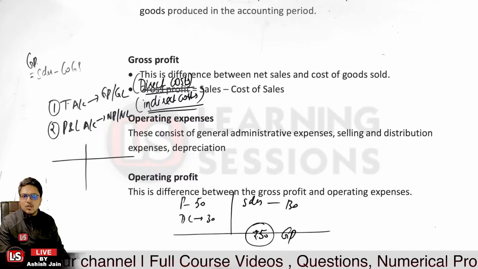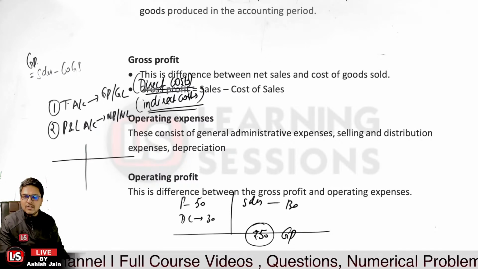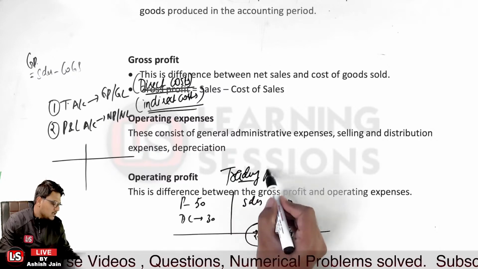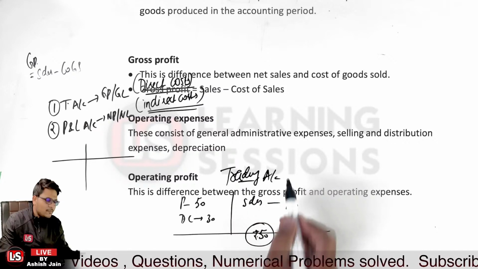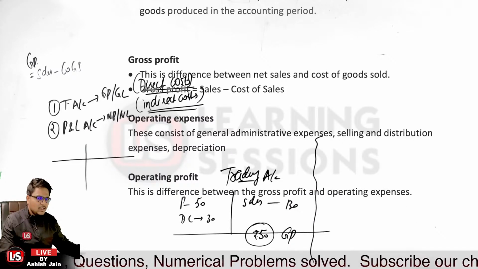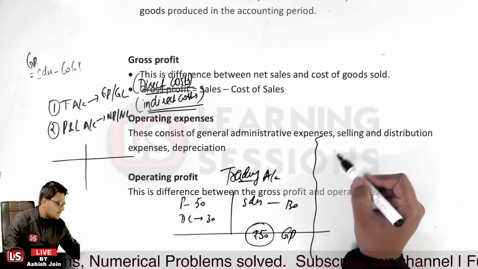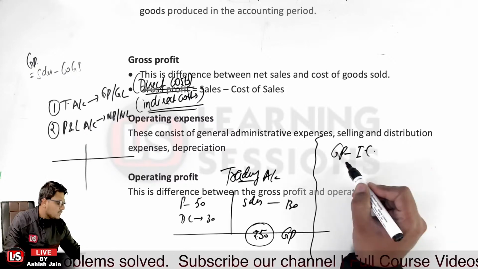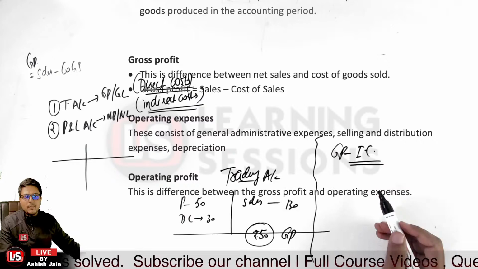We ascertain gross profit or gross loss under what account? Under the trading account. And from this gross profit itself, we will be subtracting the indirect cost associated with the product operations, that is, the operating expenses.